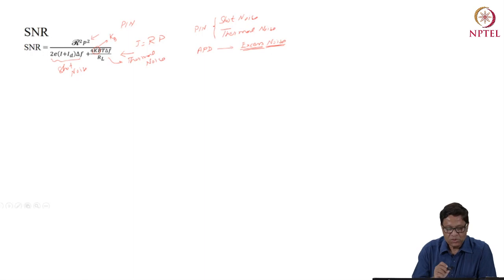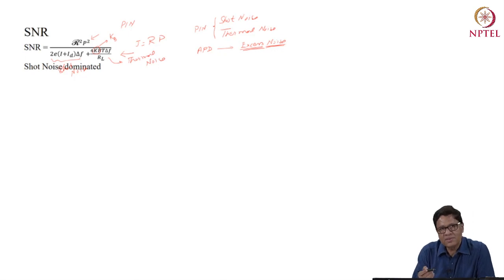Shot noise has both the signal contribution and the dark current contribution. In some systems there is more shot noise and less thermal noise, or more thermal noise and less shot noise. Accordingly you can classify the system as either shot noise limited or thermal noise limited.